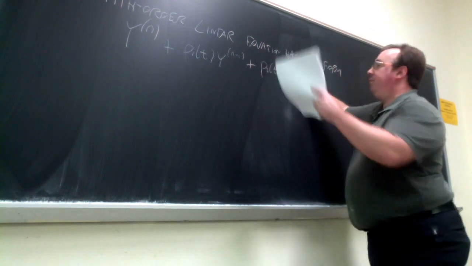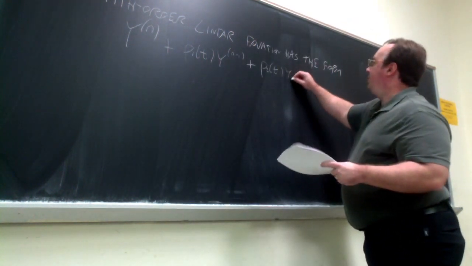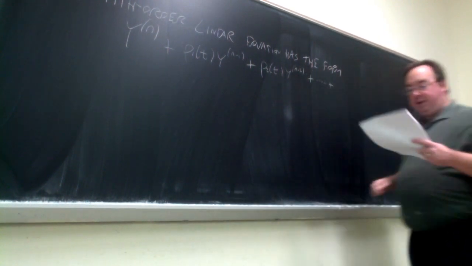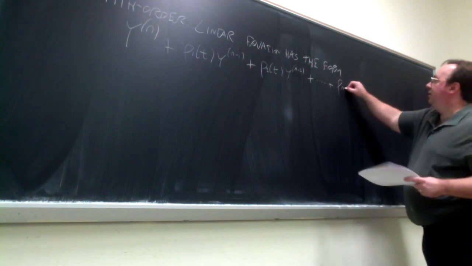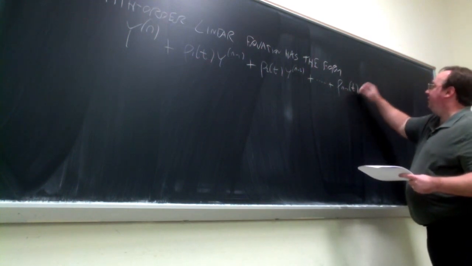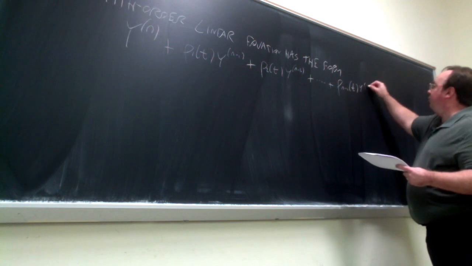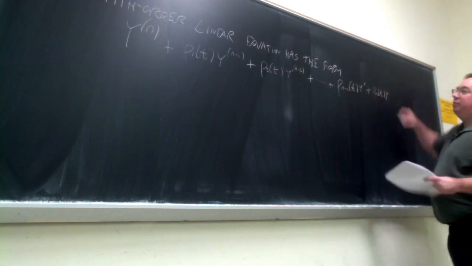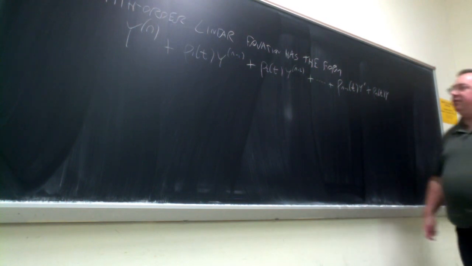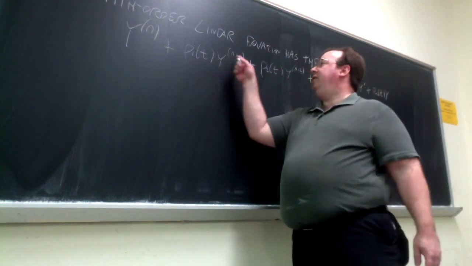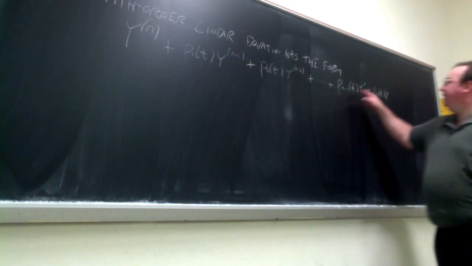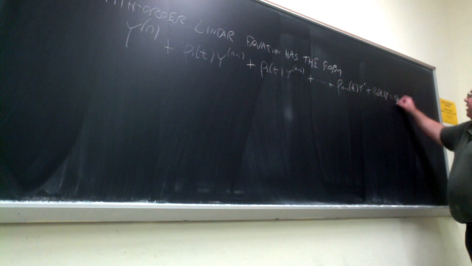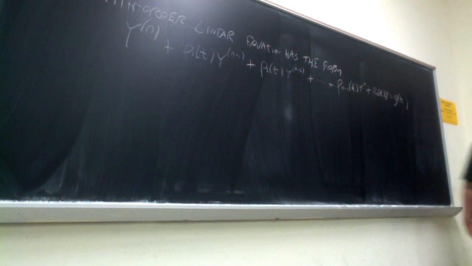We have P1 for the n minus first derivative, P2 for the n minus second derivative, and so forth, all the way down to P_{n-1} with the y prime, and then Pn with y. One thing to keep in mind is, if you look at the index of P and the order of the derivative, they always add up to n. And then we have some right-hand side g of t, like we did before.